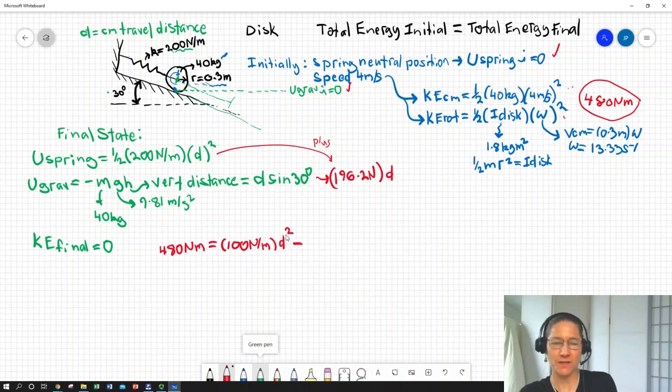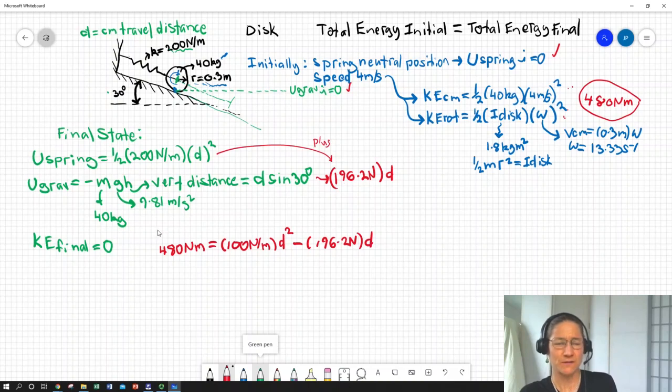We didn't have to lose any kinetic energy to push something uphill. We're rolling downhill. So we have 196.2 newtons times whatever the downslope distance that we traveled that we're solving for.